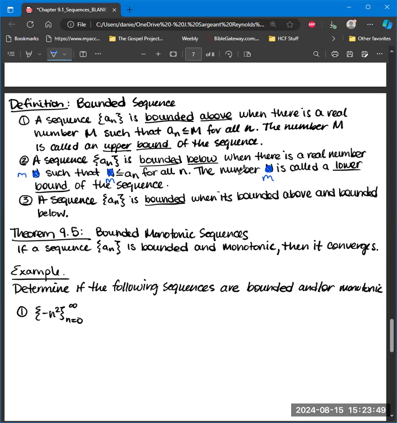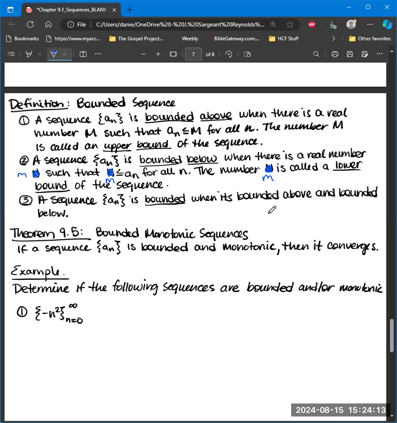Okay, so capital M is big. That's going to be an upper bound. It's going to be a maximum that the sequence is going to stay below. And little m is a minimum. That's a lower bound of the sequence.